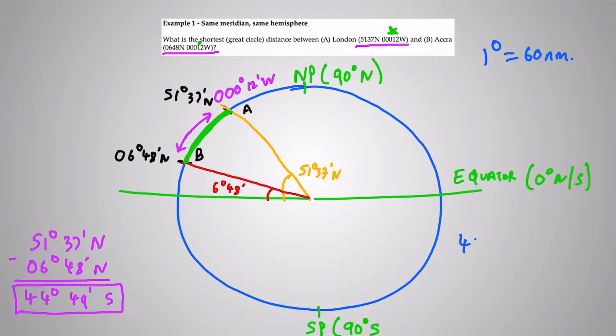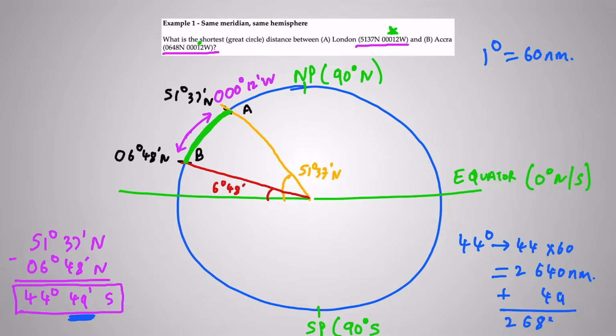So 44 degrees will be equal to 44 into 60, which is equal to 2640 nautical miles. And we had 49 minutes, so we'll just add 49 to this, and the distance will be 2689 nautical miles. So this is the distance between point A and point B. You see how easy it is to find the shortest distance? Now we'll look at the next example.